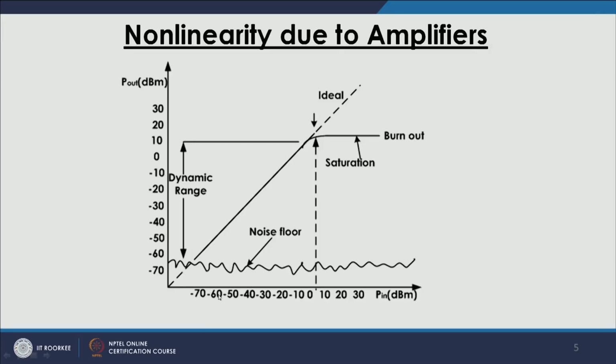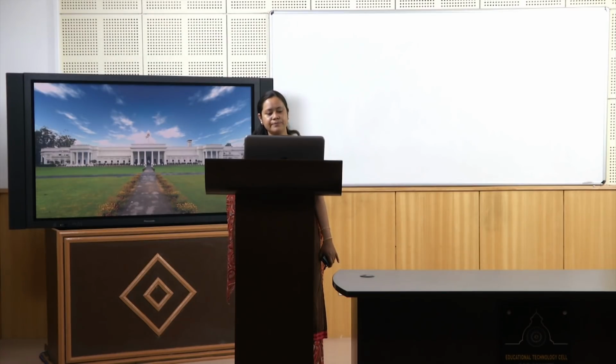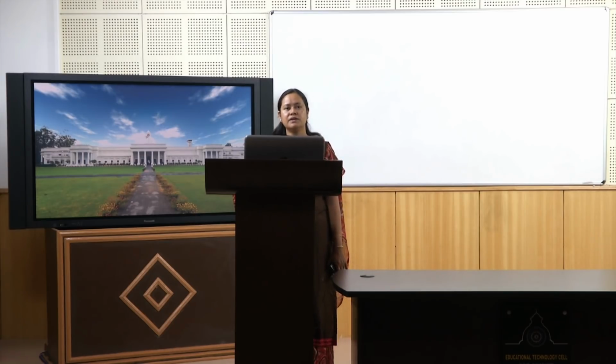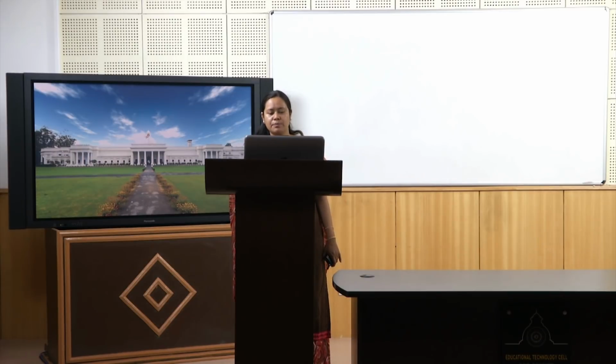Now, it is a good thing. If it is giving 10 dB amplification, then whenever we apply minus 60, we should be able to get minus 50, as we can see from here. For minus 40, we should get minus 30, and as long as it keeps doing this, it is working in a linear region, and we say that amplification is happening properly.